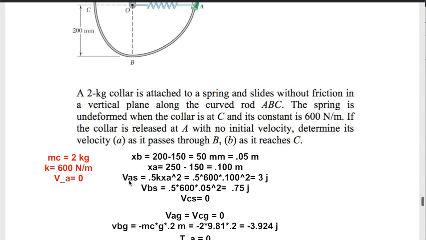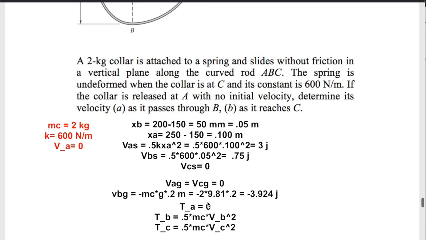Okay, then we calculate the potential energy of the spring at A. We know that the equation for potential energy of a spring is 1/2 K times the elongation squared. Given that here, 3 joules. Then we calculate the same thing at B, using the same equation. We get 0.75 joules. And we know at C it is not elongated at all, so it's 0.